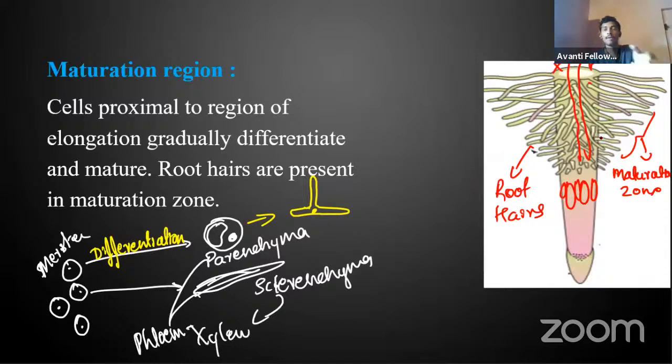So xylem and phloem will be developed here. Then let me ask a question. Think that a plant is affected by a virus, like the tobacco plant affected by the tobacco mosaic virus.